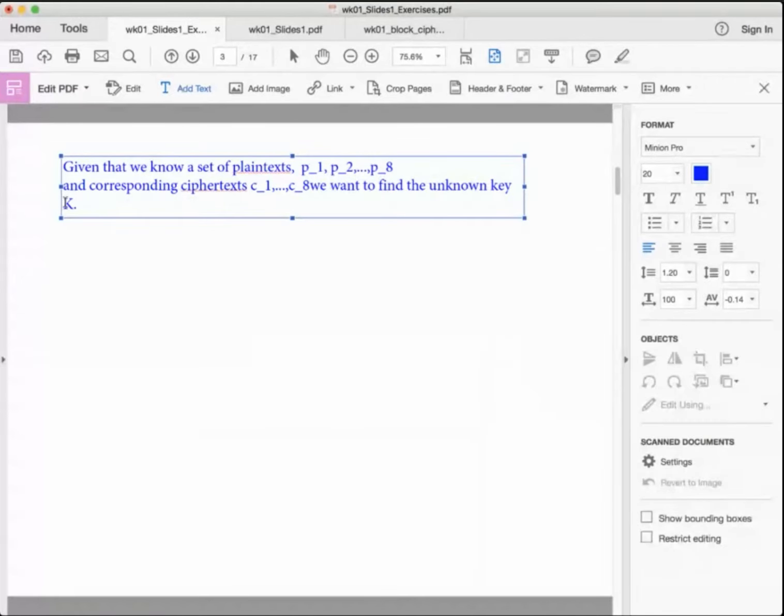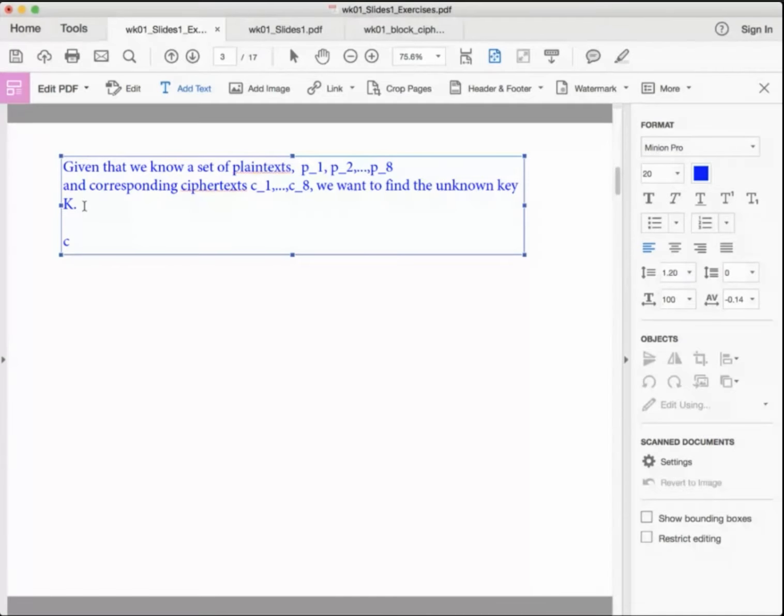Okay, so I told you the mapping. The mapping was that ciphertext equals K times plain text. Sorry, this won't be the most readable typesetting, but it's matrix multiplication.